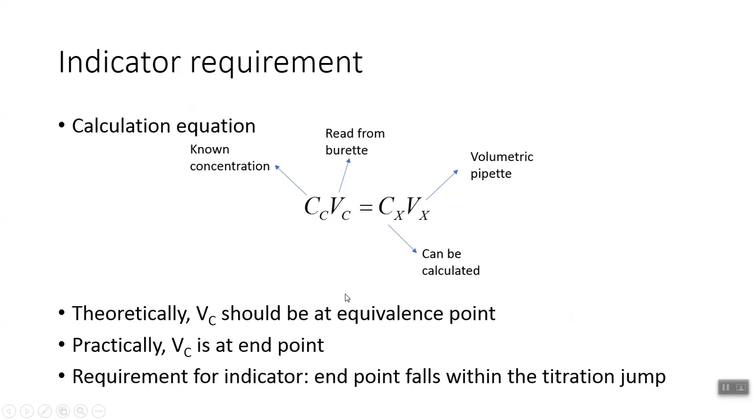The endpoint should fall within the titration jump to obtain a small error, or small difference, between the endpoint and the equivalence point.